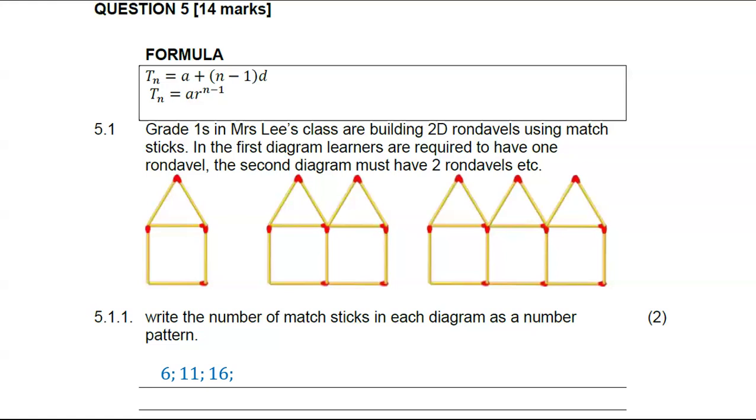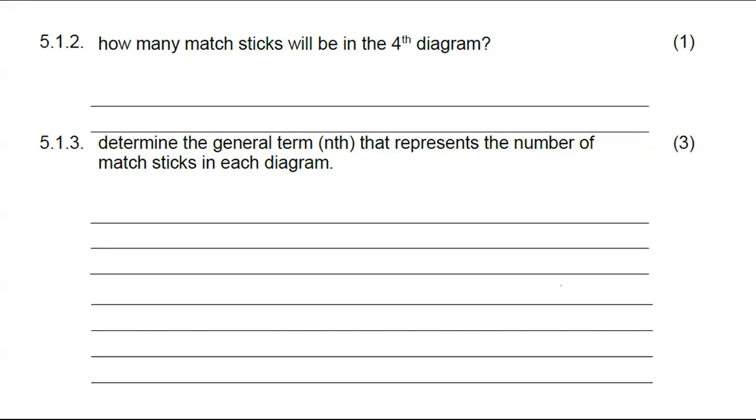Automatically, you can tell that this 5 that we keep on adding is what we call a constant common difference. And we can predict the preceding matchsticks. Basically, we can predict how many matchsticks the next diagrams will have.